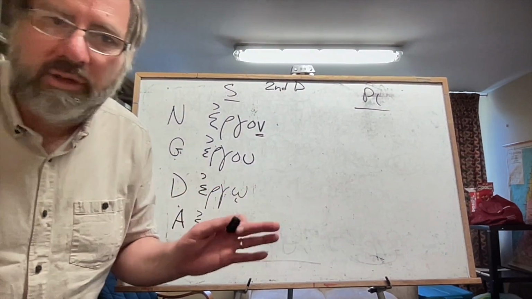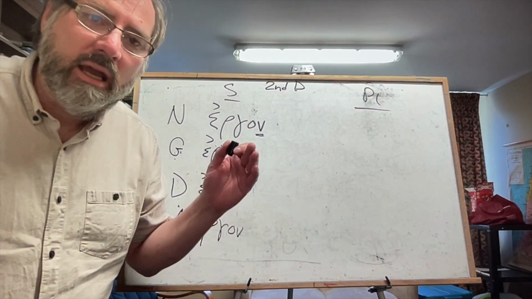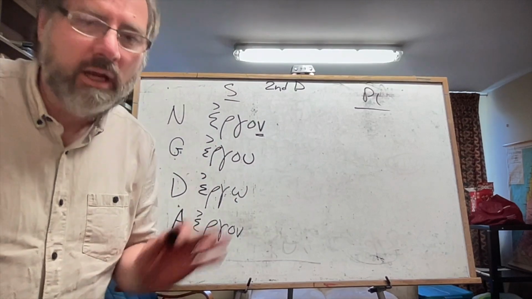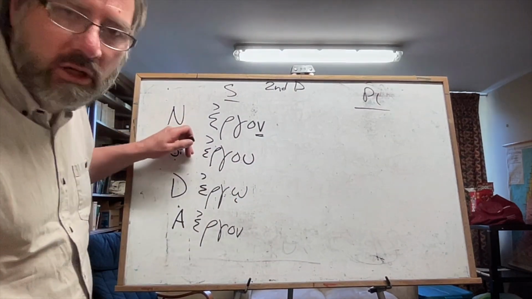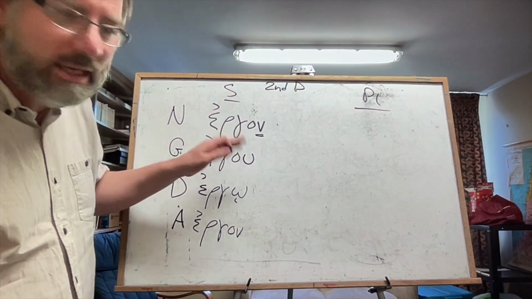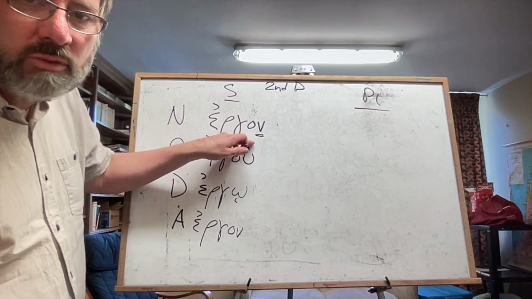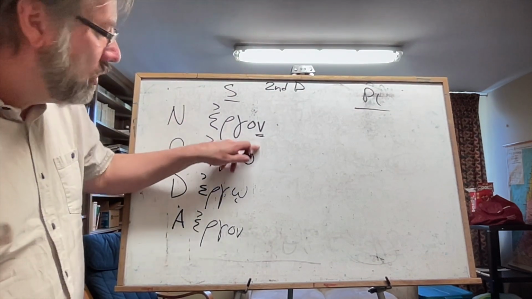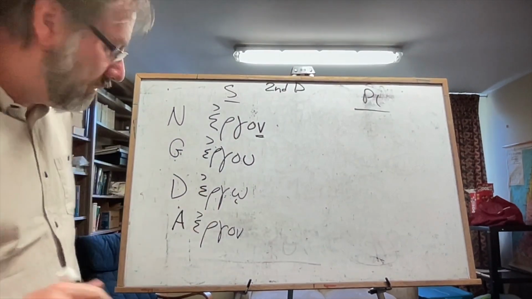So that's how you're going to tell the difference between a second declension masculine and a second declension neuter. In the neuter singular form, which is the dictionary form, the masculines will end in a sigma. The neuters will end in a nu. Maybe think neuter, nu. That might help you.